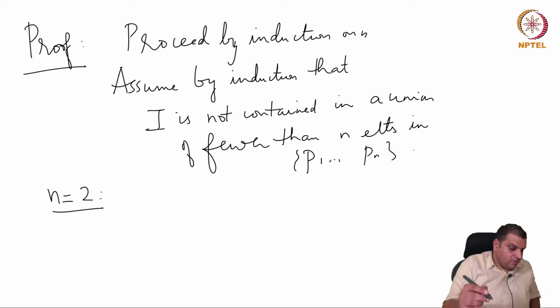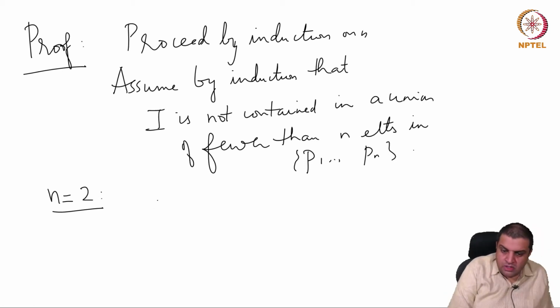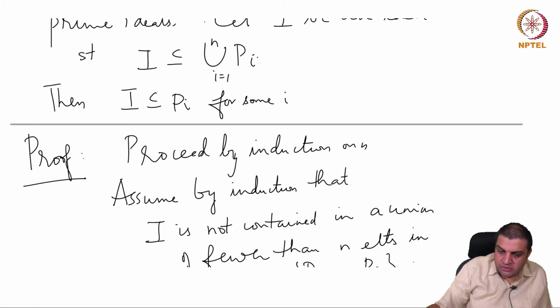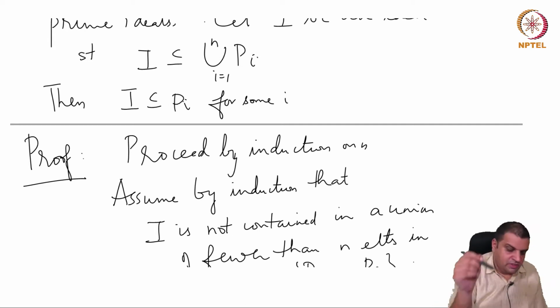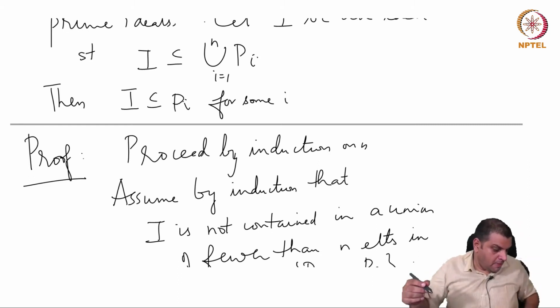Okay. So what is the hypothesis? The hypothesis is that I is contained in P1 union P2, and we want to show that I is in P1 or I is in P2. Okay.